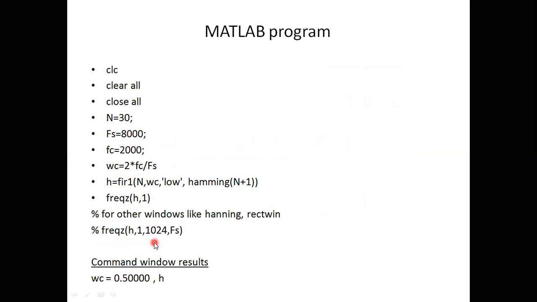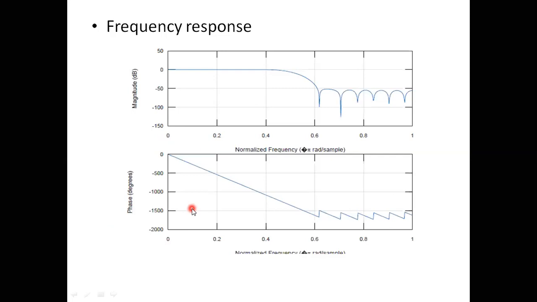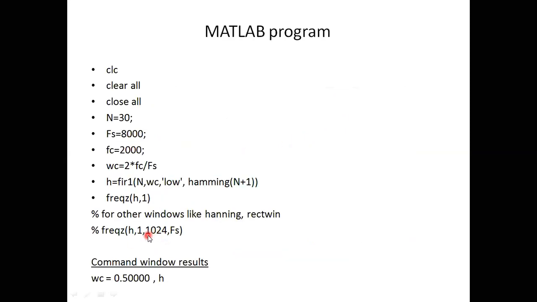Let's say I want 1024 points here on the x-axis, or any number of points on the x-axis. So for 1024 points I want on the x-axis, I have written 1024 here. Any number of points you can write here.